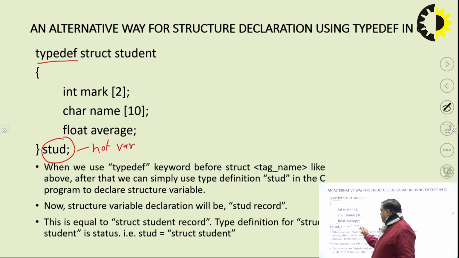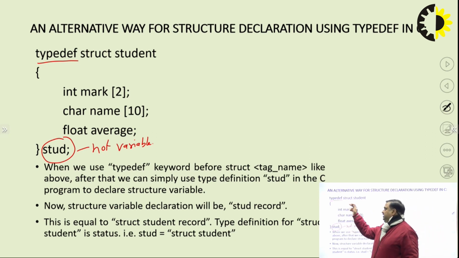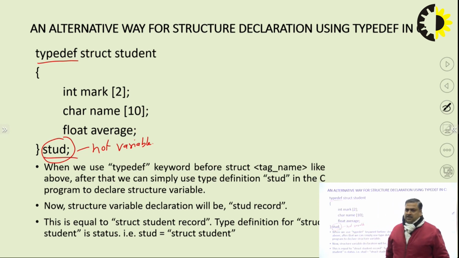This is the name of this type. We have defined a type; typedef means we are defining a type. So we have defined a type, this complete thing, and we have given the name stud to this type. So stud is now an alias name, or another name, for this struct student construct.